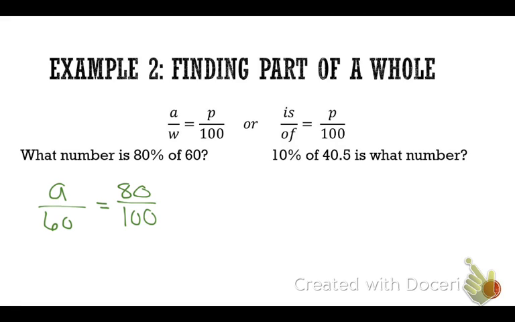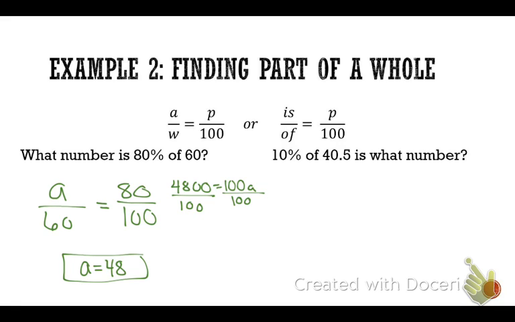Okay? So I'm just plugging the numbers in. Hopefully we can get good enough where it's basically all together and you can read a statement and know what you're solving for. All right, cross products and solve. Go ahead and do it. You guys get it? 4,800 equals 100A. All right, who got 48? Anybody get 48? All right, very good.